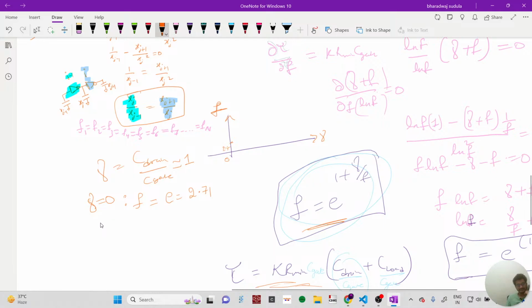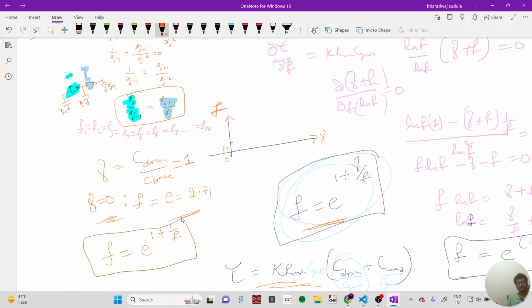So gamma can be 0. If gamma is 0, then the fan out is 2.71. Clear? So what is this? Gamma, let's say, is 1. f will be e power 1 plus 1 by f.